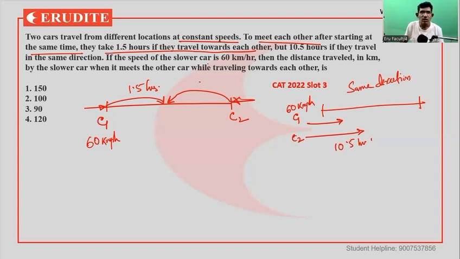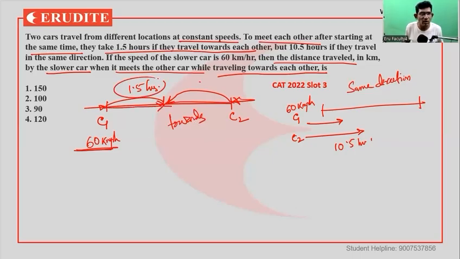Now, what do they want? They want the distance traveled by the slower car, C1, when it meets the other car while traveling towards each other. So focus only on towards each other. To meet each other, they only take 1.5 hours, as stated in the question.